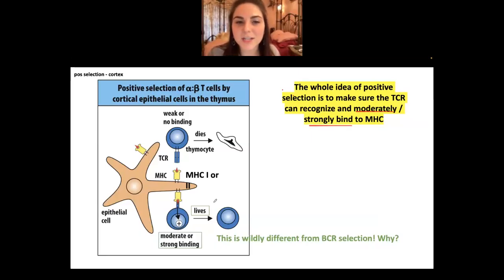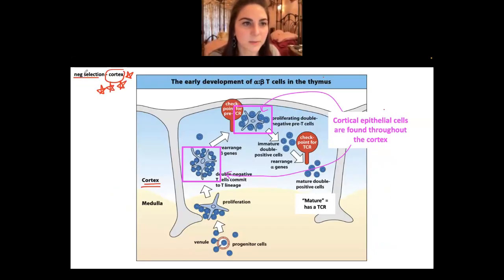So positive selection is when you want the T cell to recognize this self-antigen, meaning the MHC. What's weird here is that if you see weak or no binding to self-antigen, again, super weird, it's going to die. If it binds moderately or strongly, it's going to live. And this is positive selection. Did I say negative selection back here? I think I did. Oh my goodness.